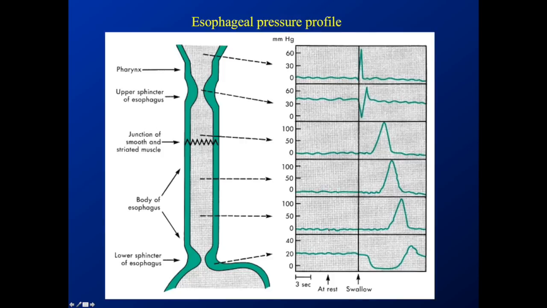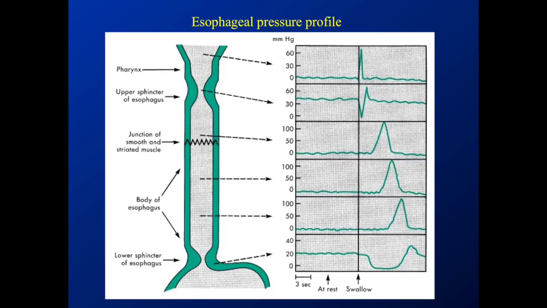This is a pressure profile during the pressure wave that goes down the esophagus during swallowing, and the different pressures at the different parts of the esophagus are shown here on the right. And so at rest you can see there's a certain amount of pressure in the esophagus itself.